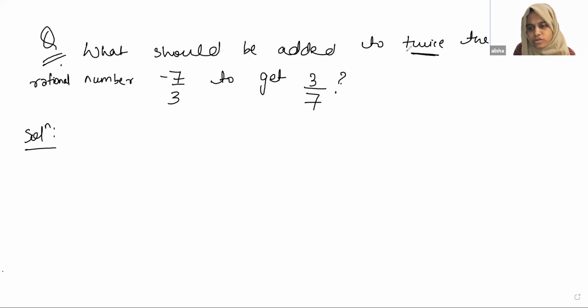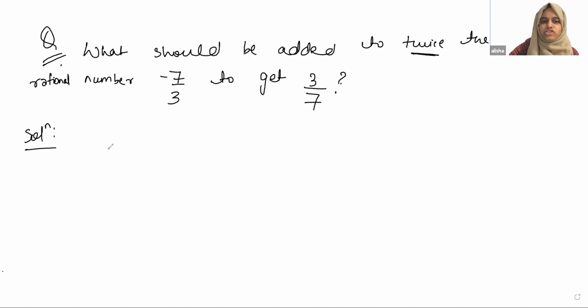Okay, so what will we assume first? We'll assume the number which is going to be added to twice the rational number minus 7 by 3, which is giving you 3 by 7.